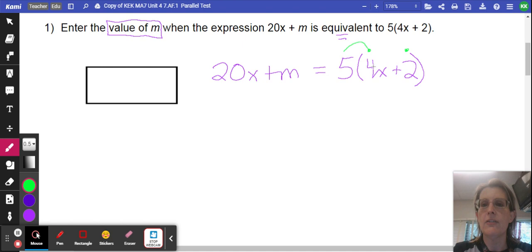The 5 needs to go to the 4x and the 5 needs to go to the positive 2. So I look at 5 times 4, which is 20. So 5 times 4x will be 20x. And then I look at 5 times positive 2, and positive 5 times positive 2 is positive 10.